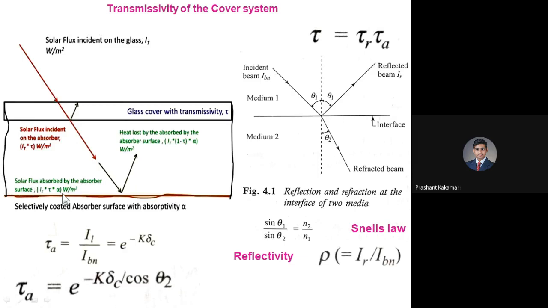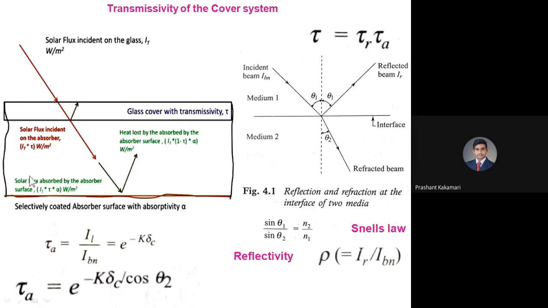Solar flux absorbed by the absorber surface is given by total radiation into tau r, or the tau is nothing but the transmittivity, how much is transmitted through the glass cover or the transparent cover, that is because of reflection and refraction, and transmittivity due to absorption. That absorption is what is denoted by alpha here. Once you multiply these two terms, there will be some reduction in the total solar flux.